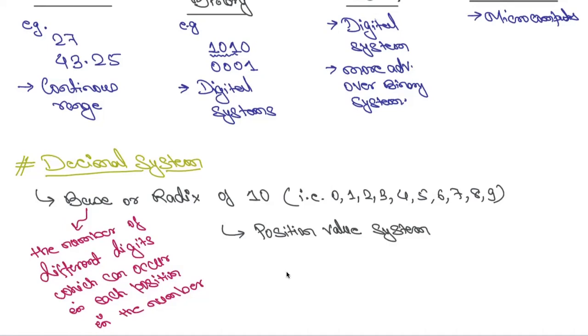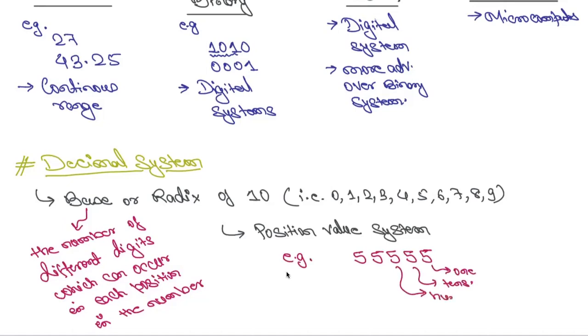For example, let's say we have 5, 5, 5, and 5, right? All 5s are equal or different? It is at 1's place. It is at 10's place. It is at 100 place.